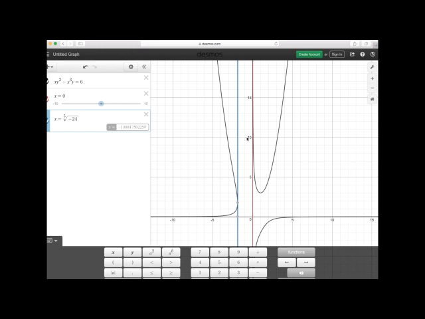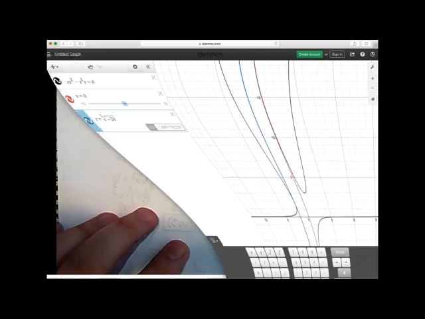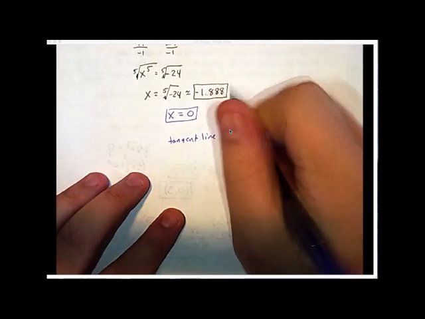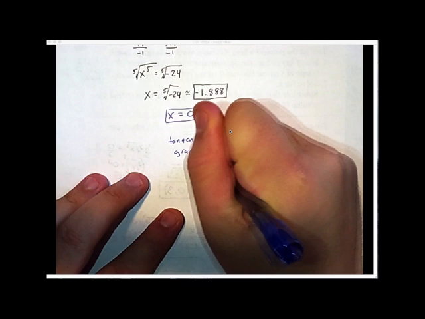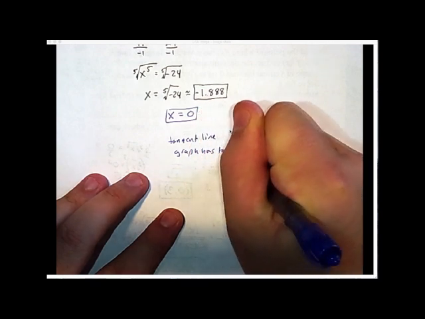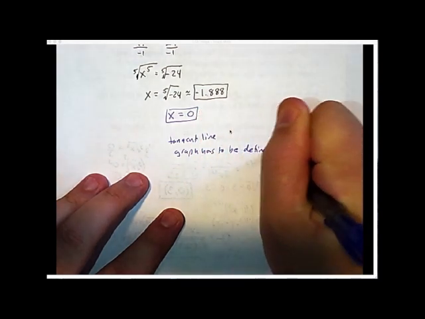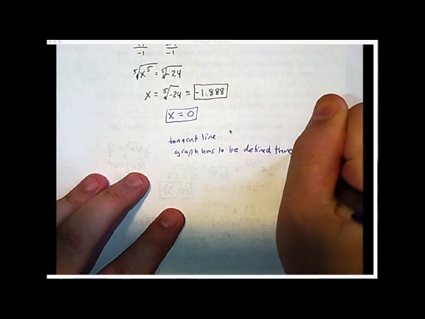To be able to have a tangent line, the graph has to be defined there at that x value.